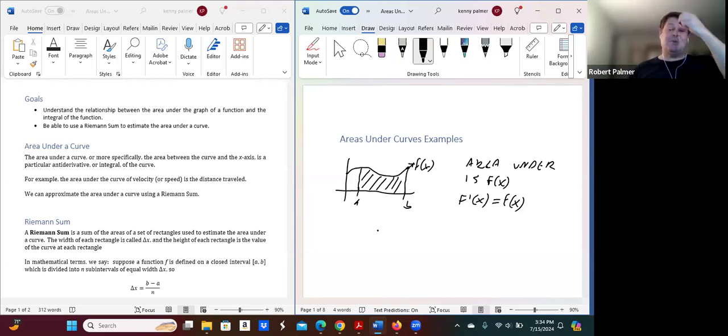So a derivative gives you an instantaneous rate of change, and an integral is a way of adding up all those changes.